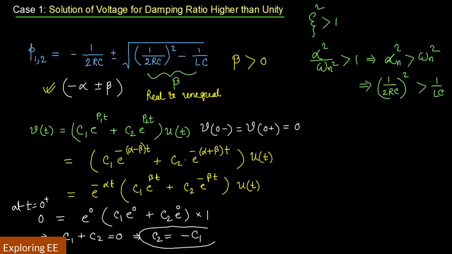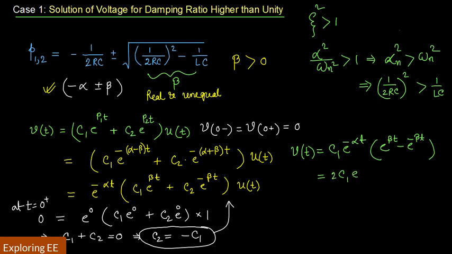If we substitute this relation C2 equal to minus C1, here we have V of t equal to, if C1 is taken common, e to the power minus alpha t, e to the power beta t minus e to the power minus beta t. If we take a 2 common outside the bracket, 2 will be introduced in the denominator of this term.